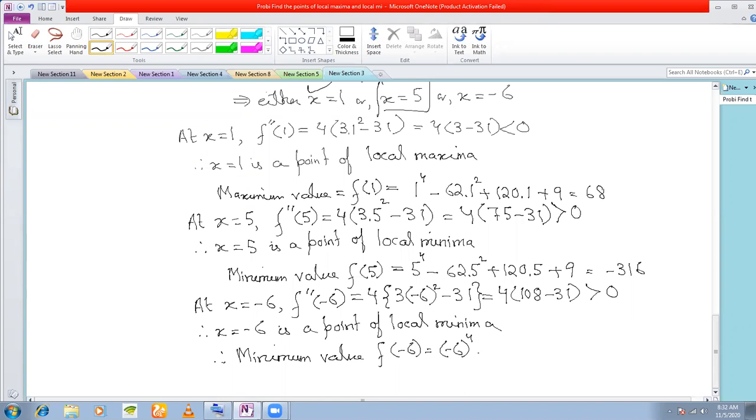Minus 6 to the power of 4 minus 62 into minus 6 square plus 120 into minus 6 plus 9, which is 1296 minus 2232 minus 720 plus 9, which will give you minus 1647. Clear? Yes, sir.